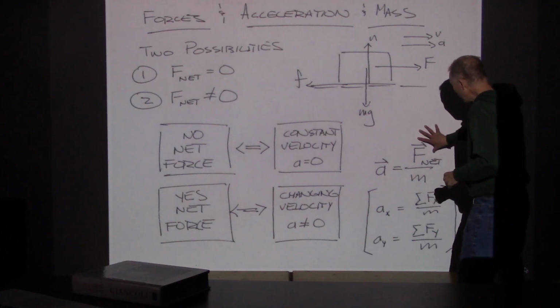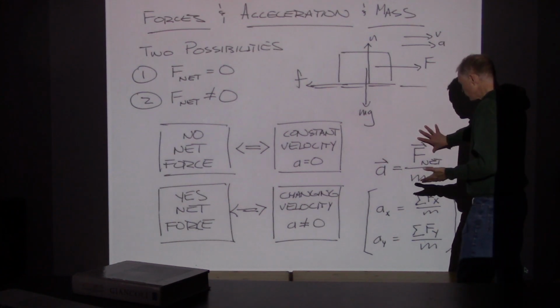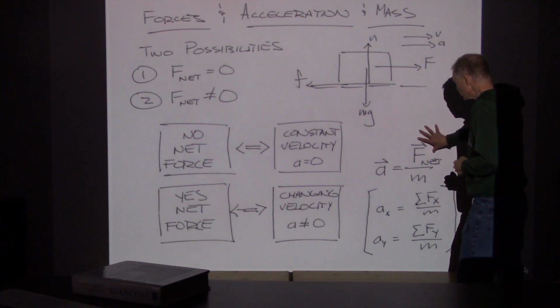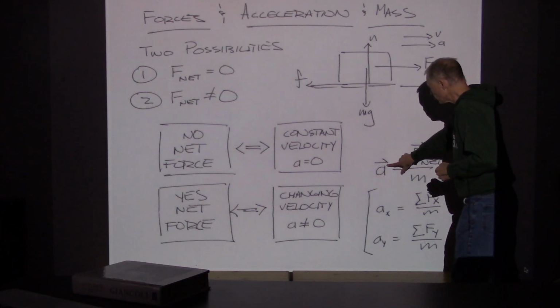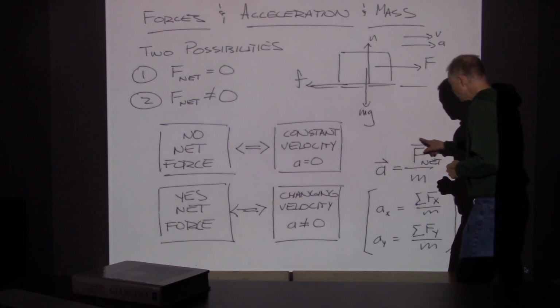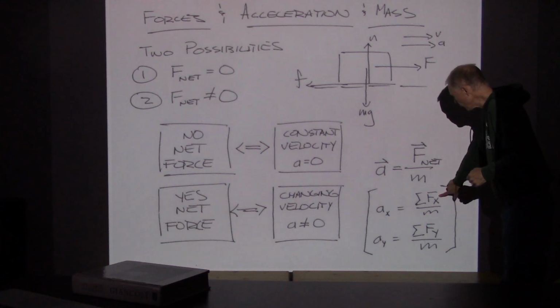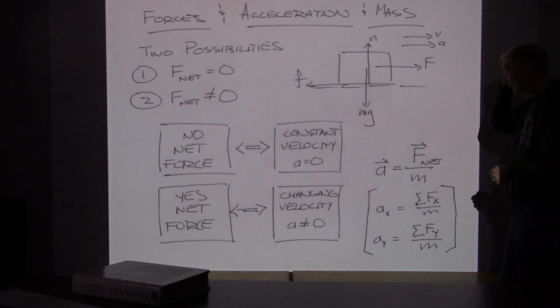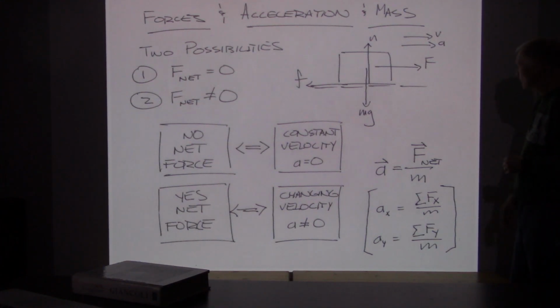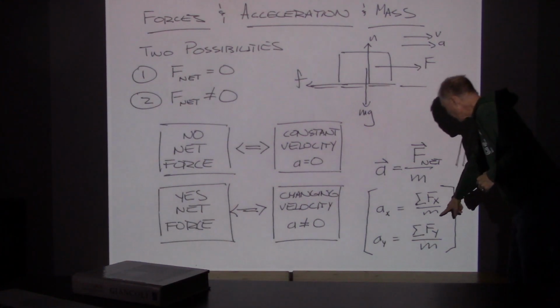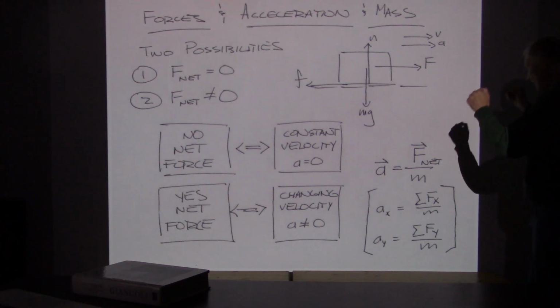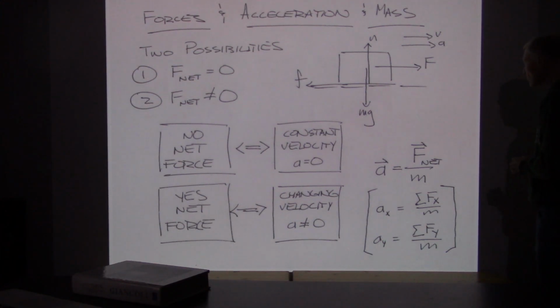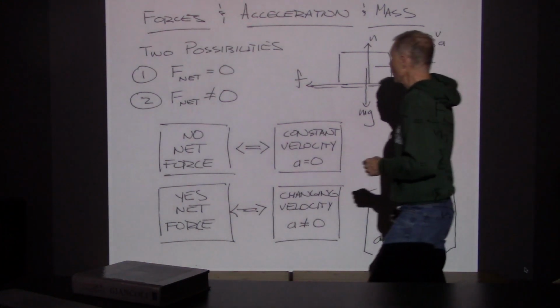We add up all the forces using vectors, what we've learned with vectors, divide through by the mass, and determine the acceleration. What that's really telling us is we add up all the forces in the x, divide by the mass, to determine the acceleration in the x. Same thing in the y. Add up all the forces in the y, divide through by the mass of the object, and that gives us the acceleration in the y.